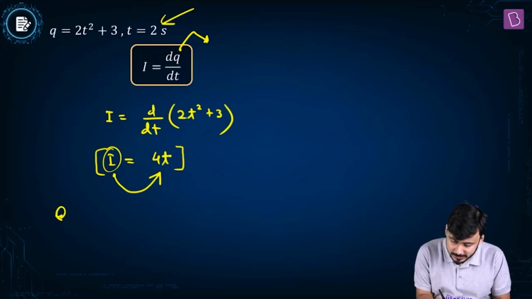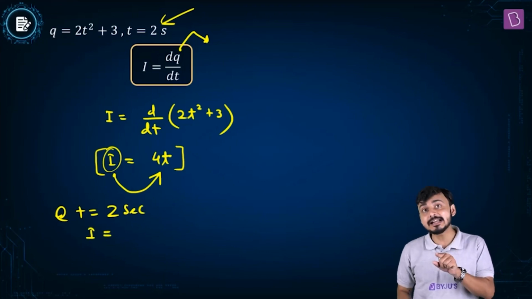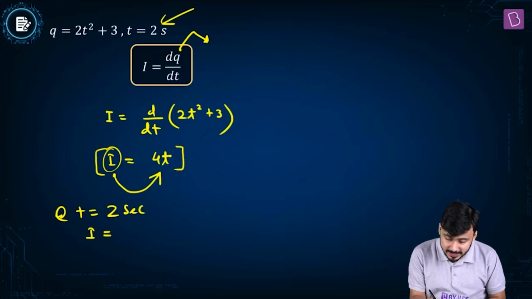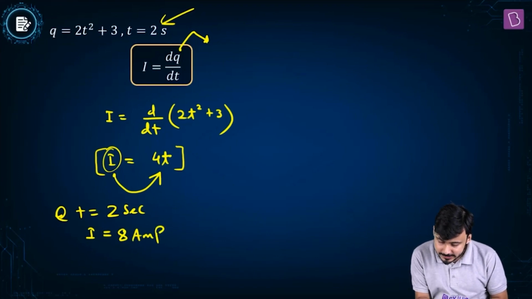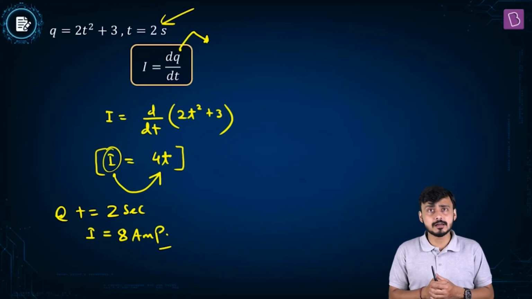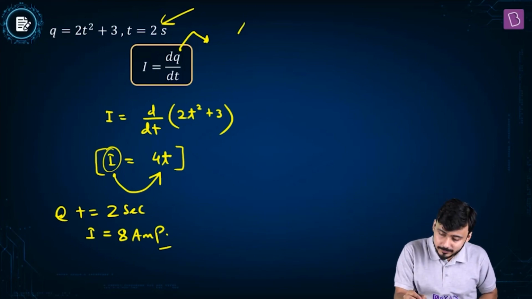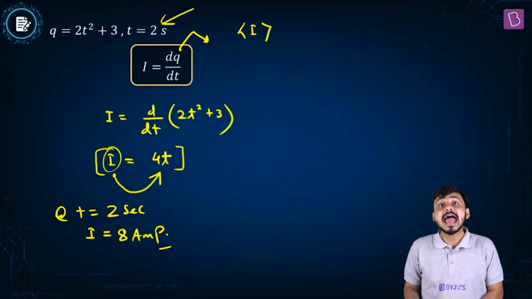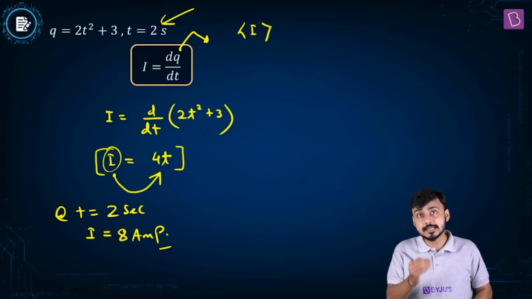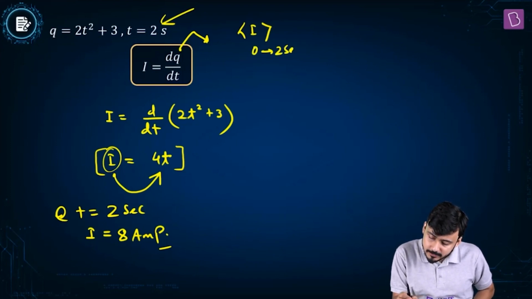So when we put t equal to 2 seconds, we get the instantaneous current at t equal to 2 seconds, and that comes out to be 8 ampere in this case. You might be asked the average value of current as well. They might ask, what is the average current flown from 0 to 2 seconds?